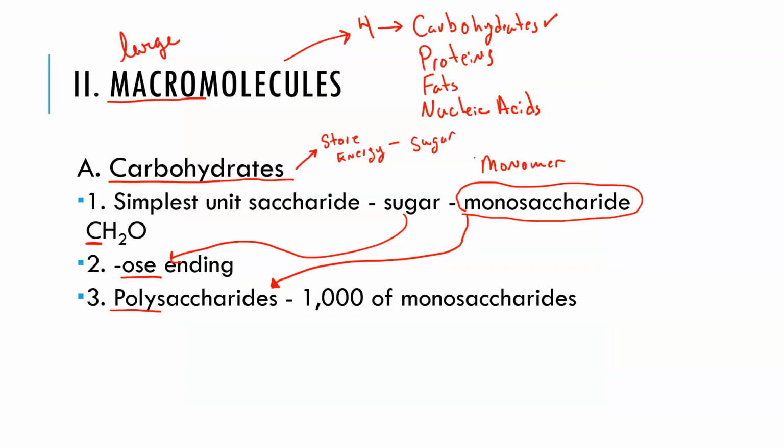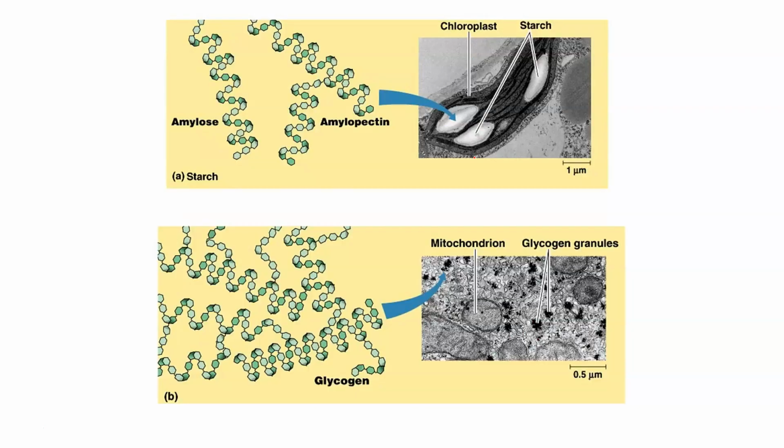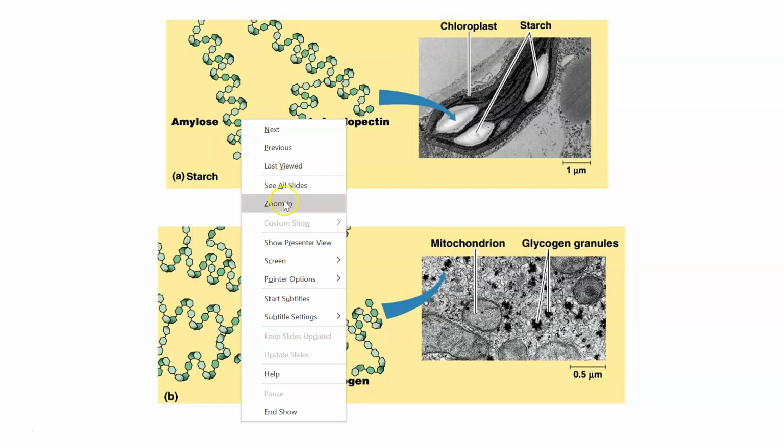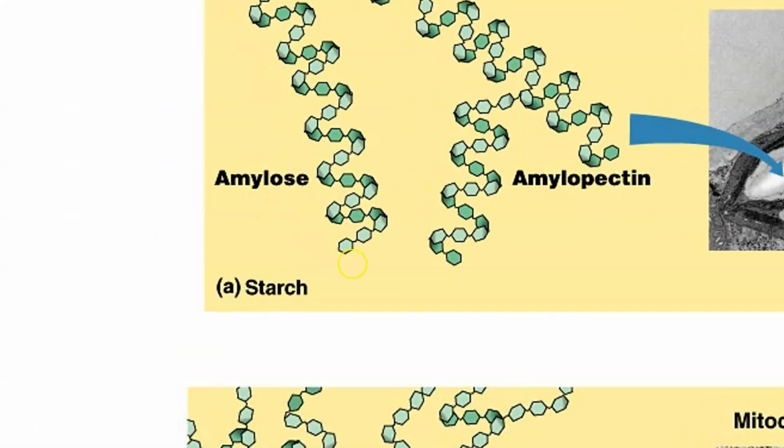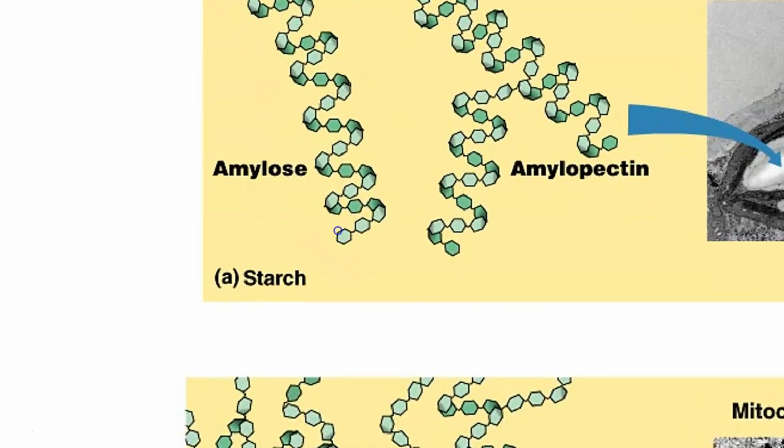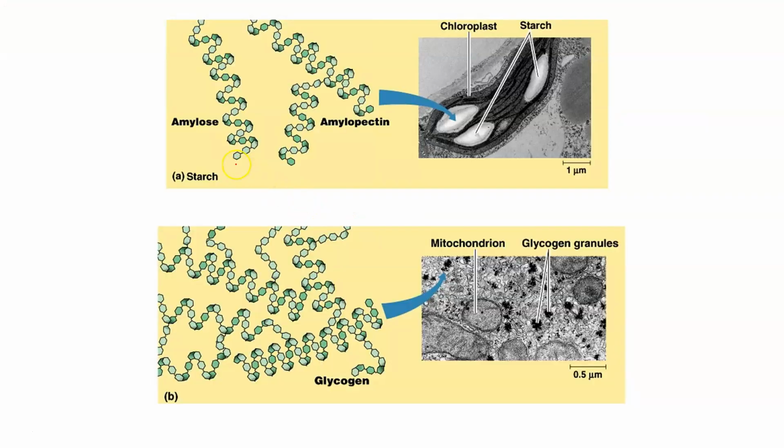This diagram right here is a glucose molecule. You've got a glucose that's chained to another glucose, which is chained to another glucose. And so what you can start doing here is building molecules like starch.